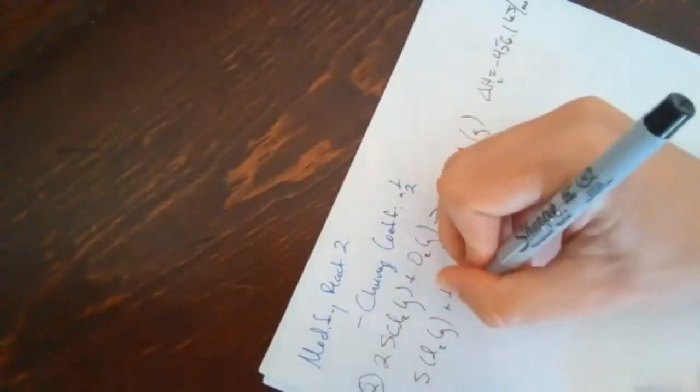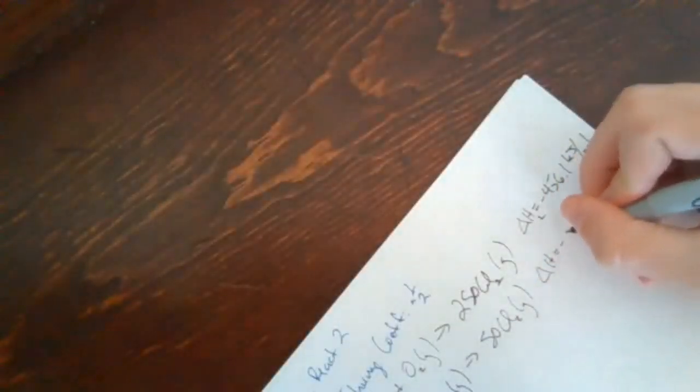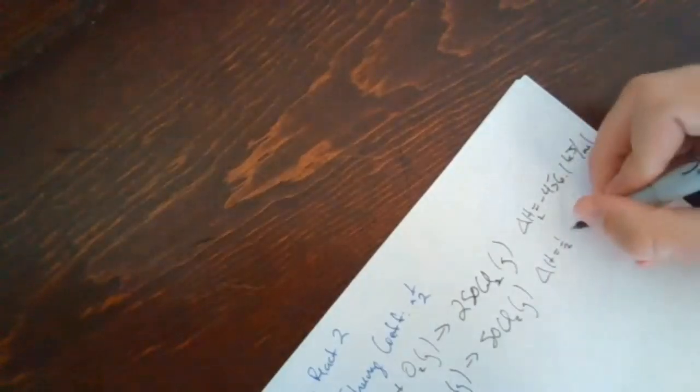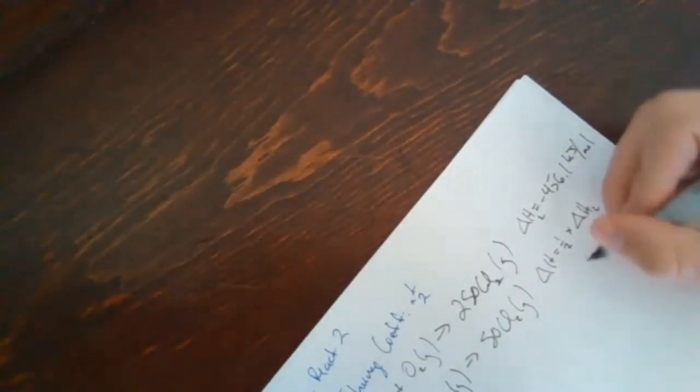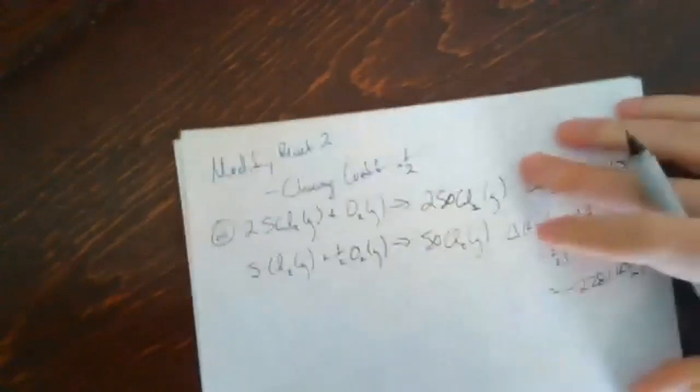So I get SCl2 gas plus 1/2 O2 gas becomes SOCl2 gas. And delta H on this is just going to be 1/2, no negative this time because I didn't change the direction, times the original, which is negative 228.1 kilojoules per mole.